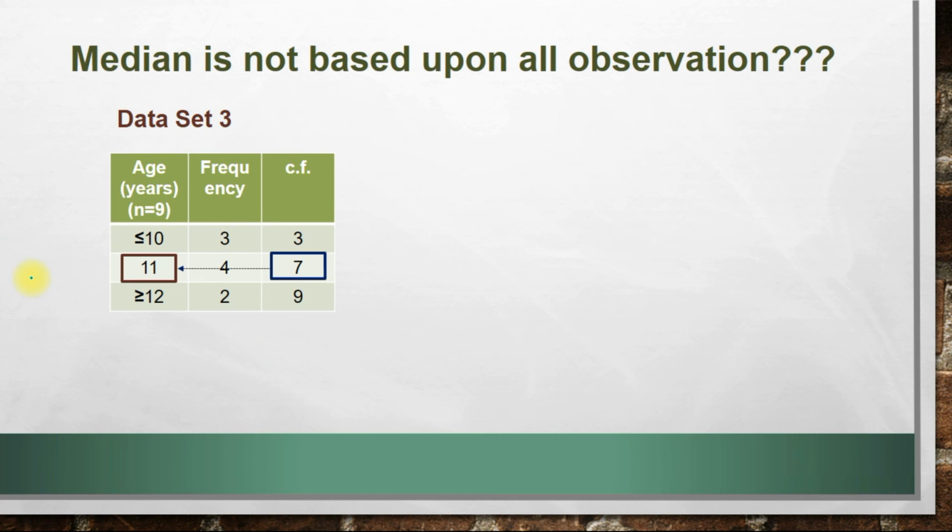Just like here in data set 3, we don't know which data points are less than or equal to 10, but we only know that there are 3 observations less than or equal to 10. So we are still able to calculate the median in this case. So median is not based upon all the observations.